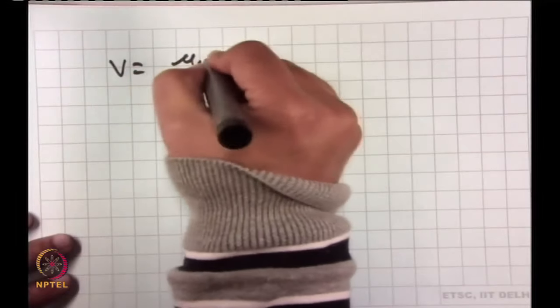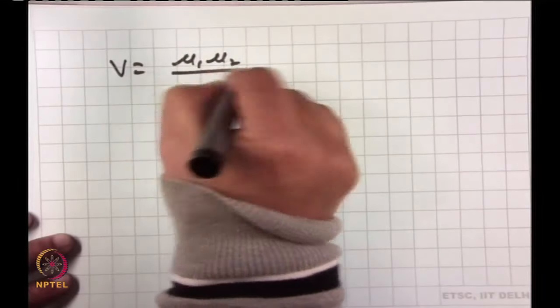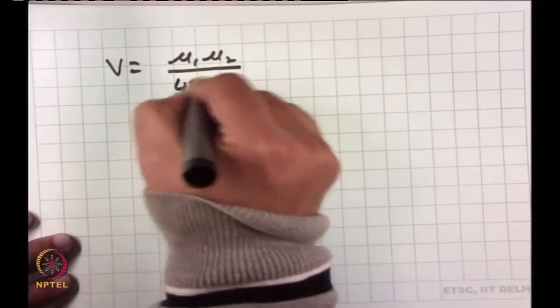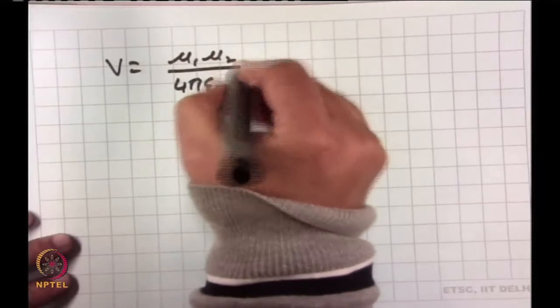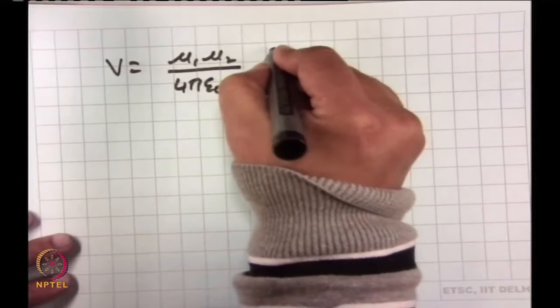So what I can write this one as, for the simplification, V is equal to mu 1 mu 2 by 4 pi epsilon 0 r cubed. Then what should I be writing here?